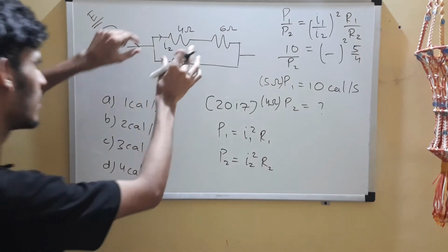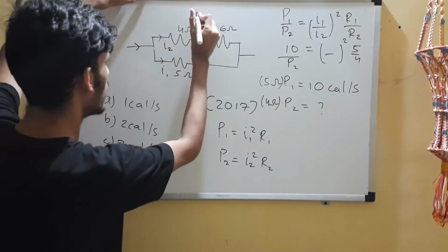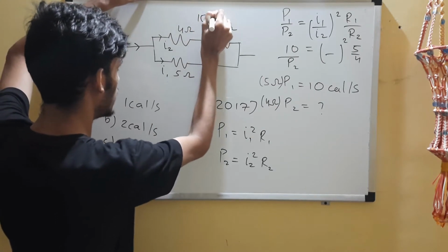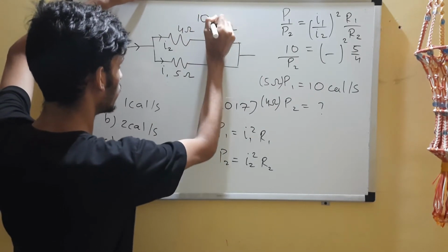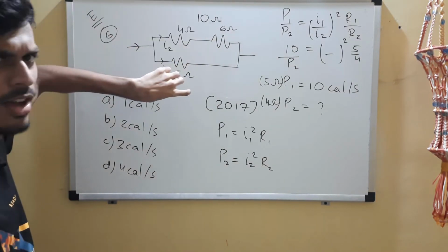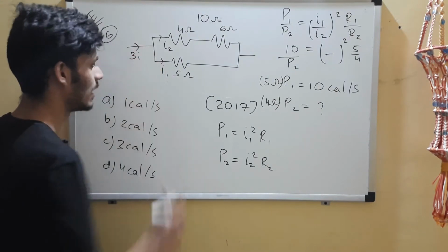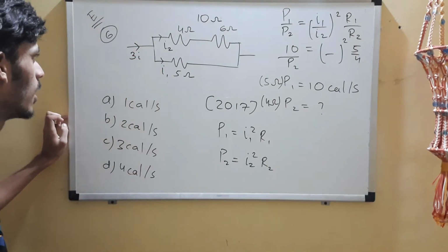You can see that these two are in series combination. So here in this branch the equivalent resistance is 10 ohms, and here we have 5 ohms. Suppose the incoming current was 3I.